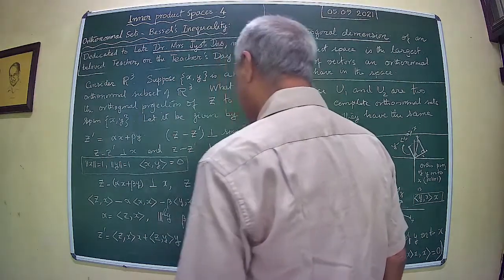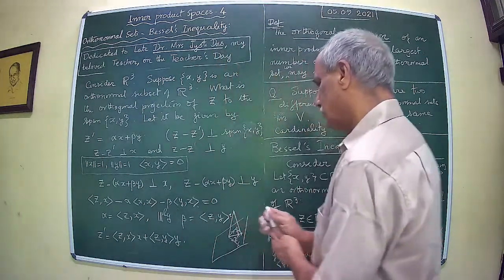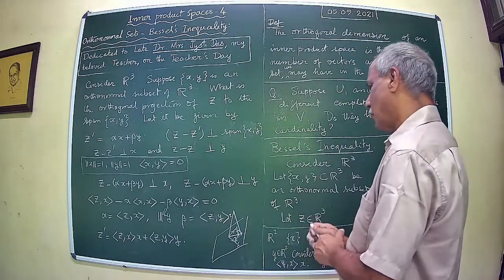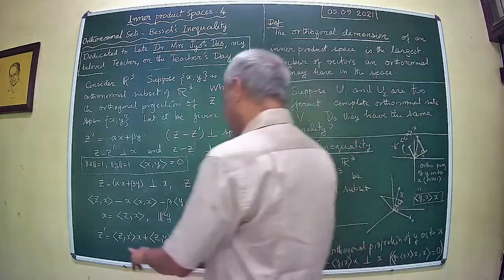Now, what are the consequences of this? Immediately see that the length of z prime is less than or equal to the length of z.